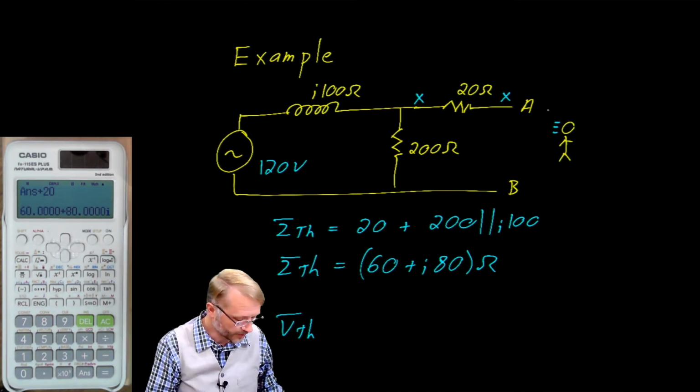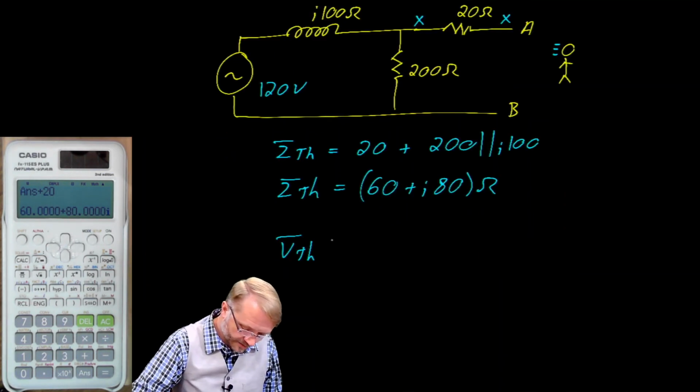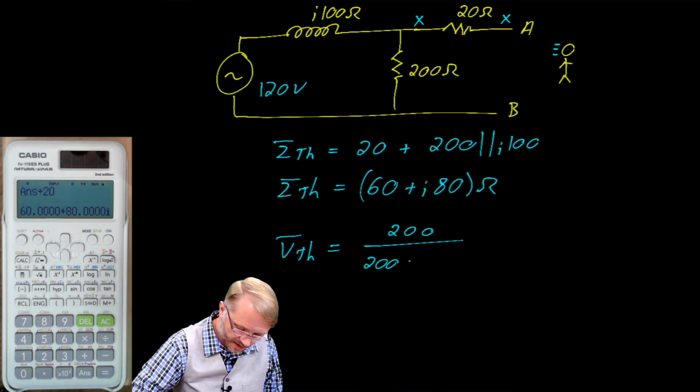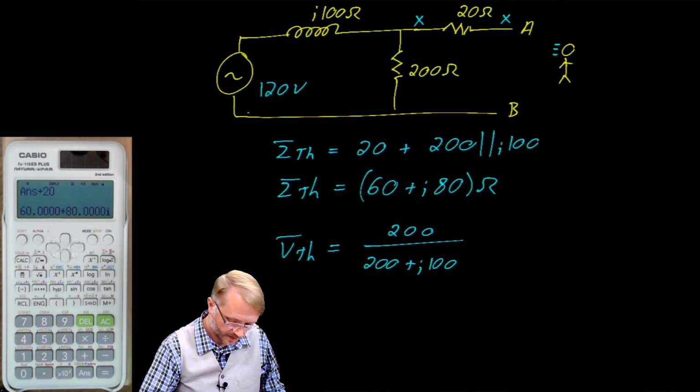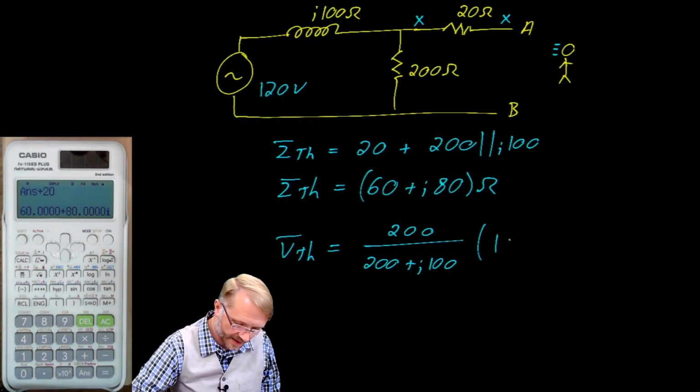You've removed the load when you did your Thevenin steps. Anyway, we can use a voltage divider here. So we can say that this is 200 over 200 plus j100. Again, all we've done is we've used a voltage divider for these two parts right here. And we multiply that by the source.